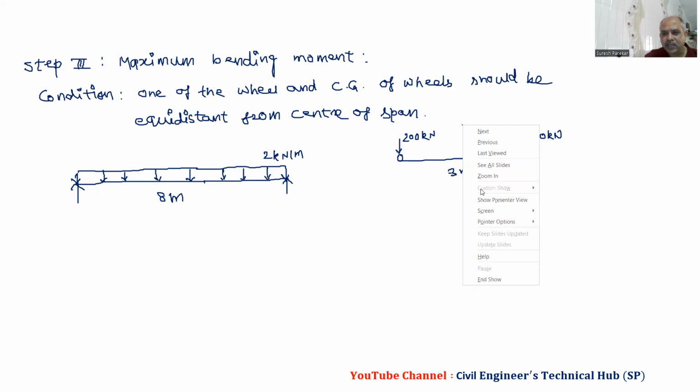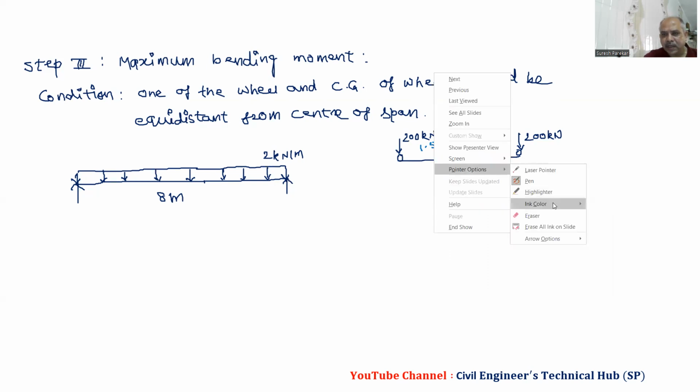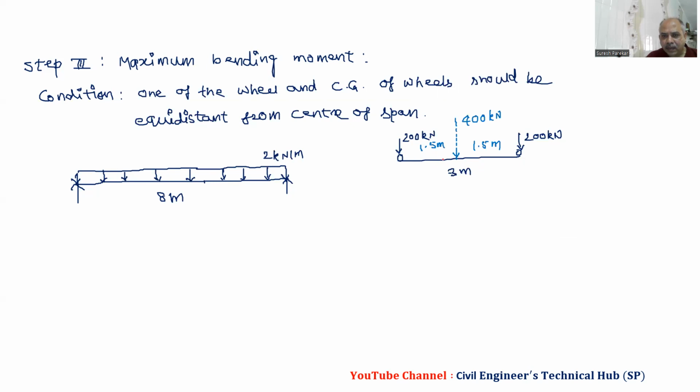Our load, that is the resultant, so CG means resultant, which is 400 kilonewton, will act at 1.5 meter from both. Now we have to put it in this fashion that this is 0.75 meters, this also 0.75 meters.